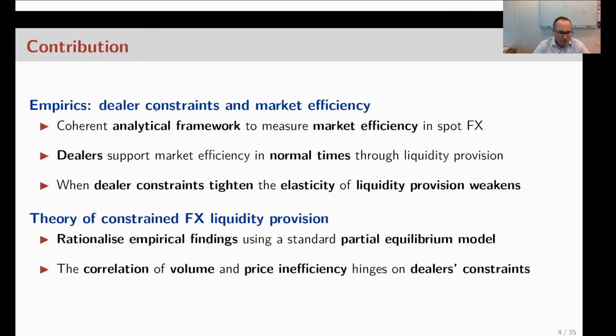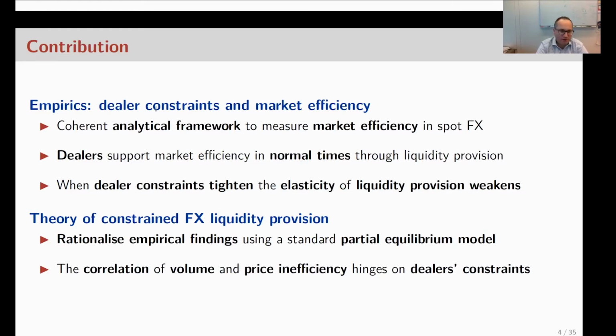Let me now give you a bit of a nutshell of what we're essentially doing in the paper and what we're finding, what essentially the main contribution is. So we have two main parts of the work in the paper. The first one is an empirical investigation of the role of dealer constraints on market efficiency, and this is really, I would say, the core of the paper.